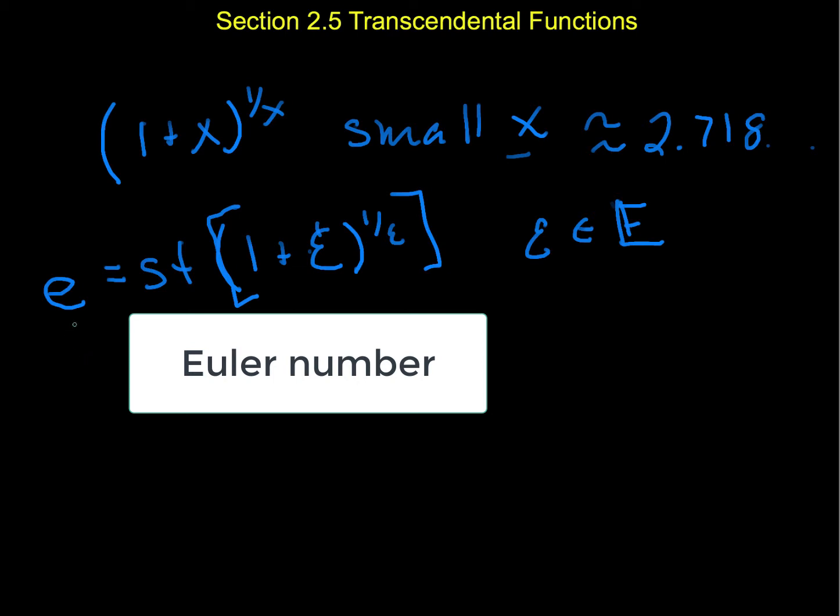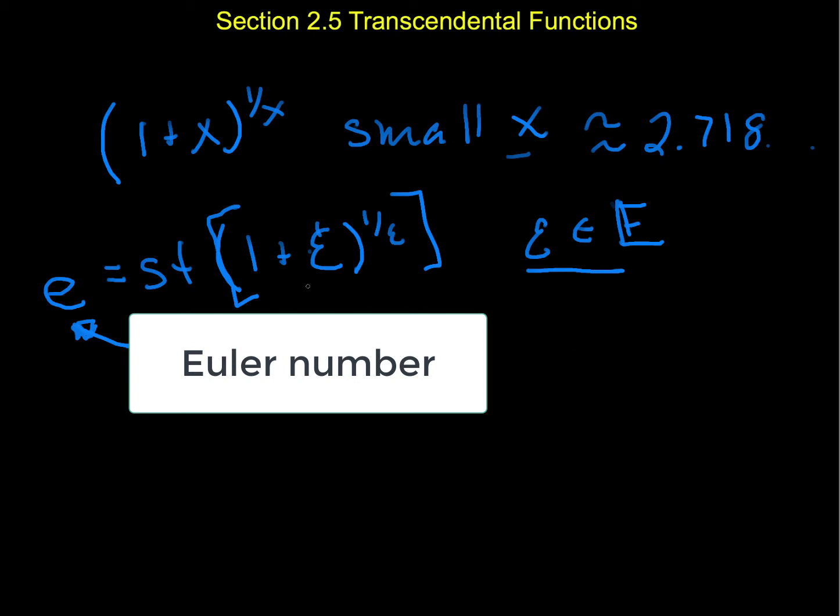That's what e is. For our purposes, we will define it as being the standard part of (1 + epsilon) raised to the 1 over epsilon, where epsilon is an infinitesimal. So this is our definition.